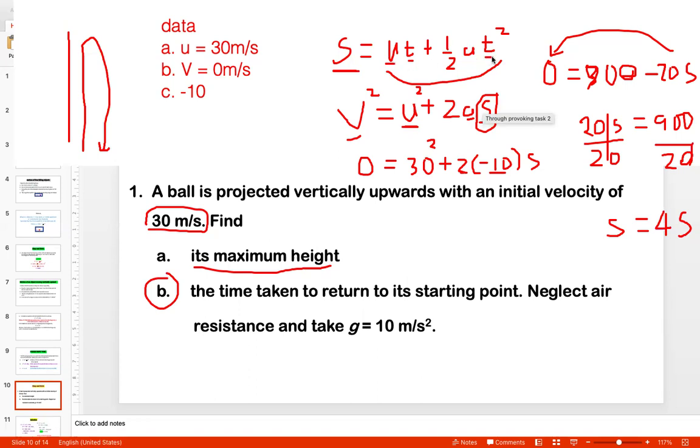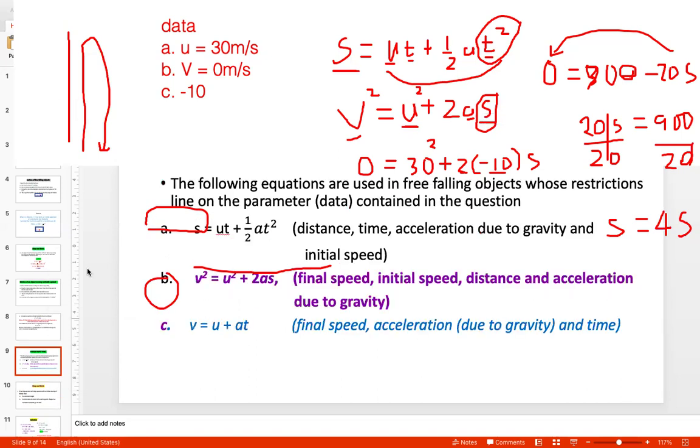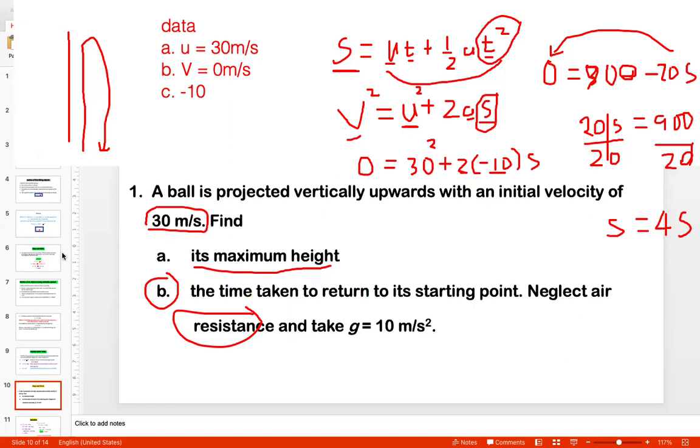But because time becomes squared in one formula, we can use the other one, which is much easier. So I'm sure you can compute this equation and then find the answer.